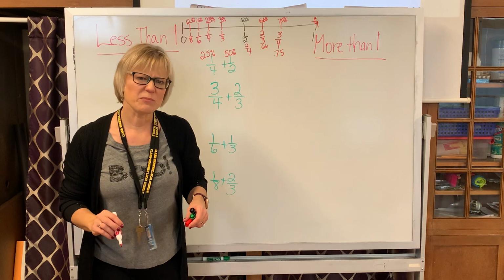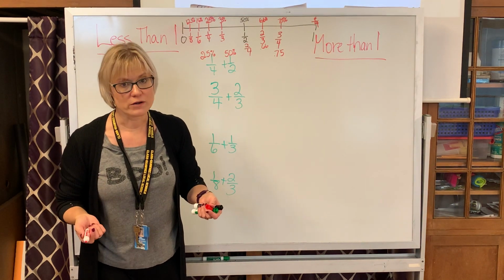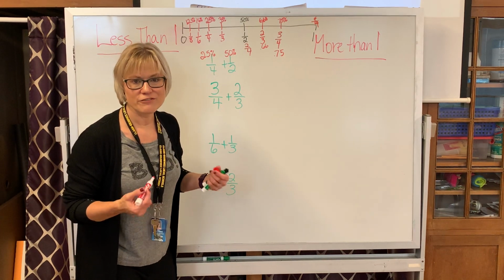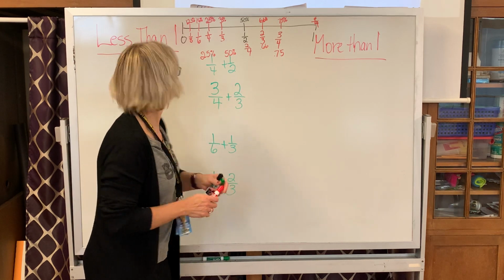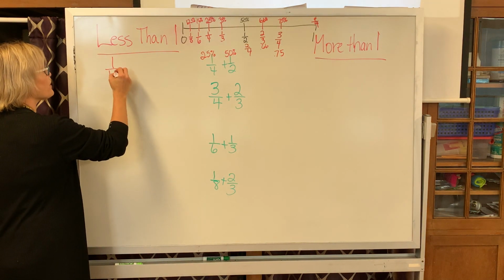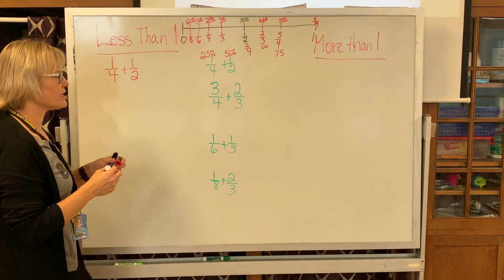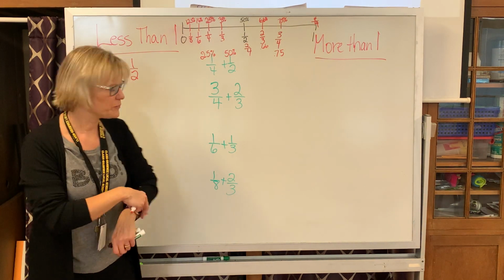And I'm looking for something that gives me 100% or more. Now, when I look at this, it is only going to give me 75%. So this is not going to be more than 1. It's going to be less than 1. So I'm going to write 1/4 plus 1/2 under less than 1. And you see how I use the percents? It makes it so simple.